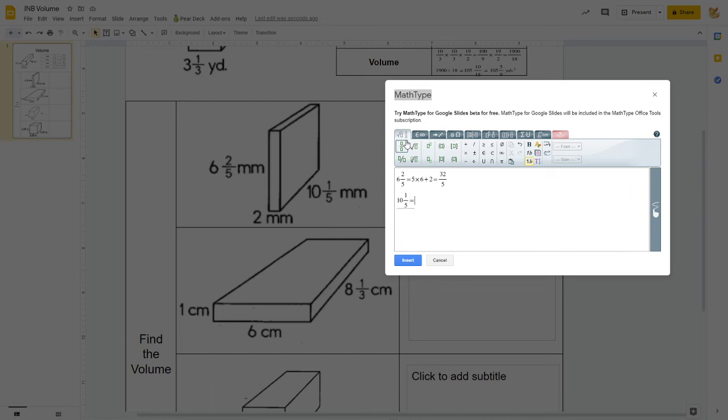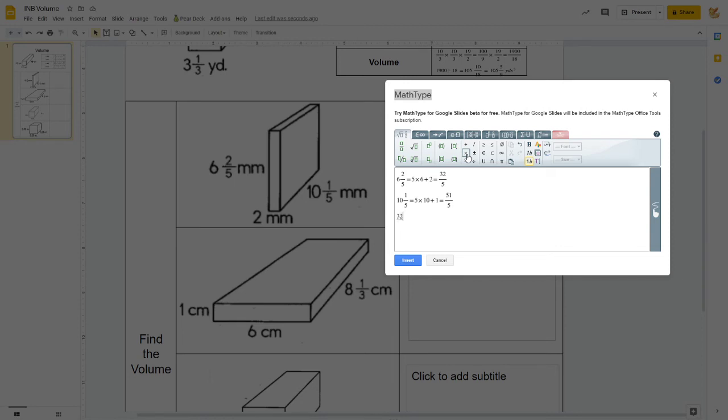This equals 5 times 10 plus 1. 5 times 10 is 50. 51 over 5. Okay, and then we're going to be multiplying.